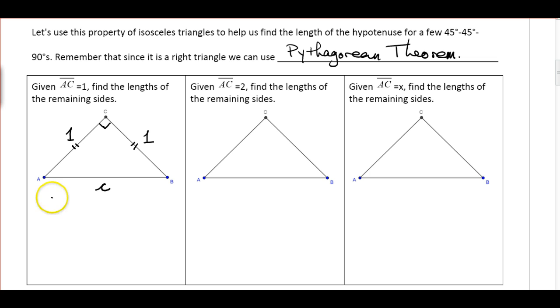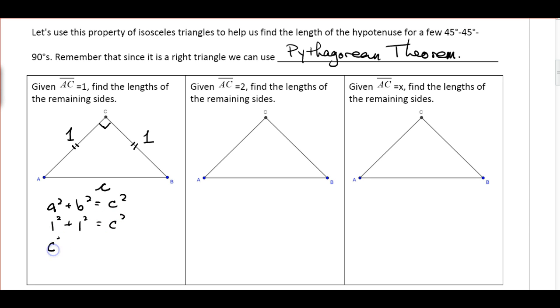In the Pythagorean theorem, a squared plus b squared is equal to c squared. So a and b are both 1, so that's 1 squared plus 1 squared is equal to c squared.